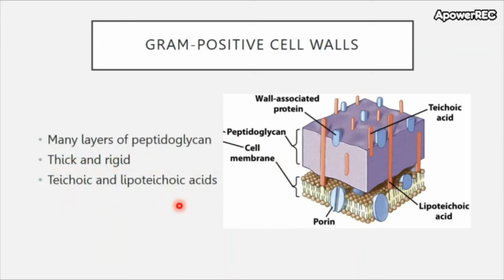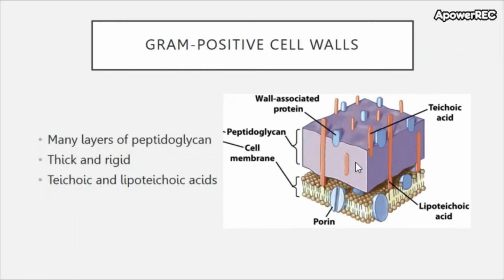Also, things that are unique to gram-positive bacterium are these teichoic and lipoteichoic acids. And all you need to know about teichoic and lipoteichoic acids is that they improve the stability of the cell wall.